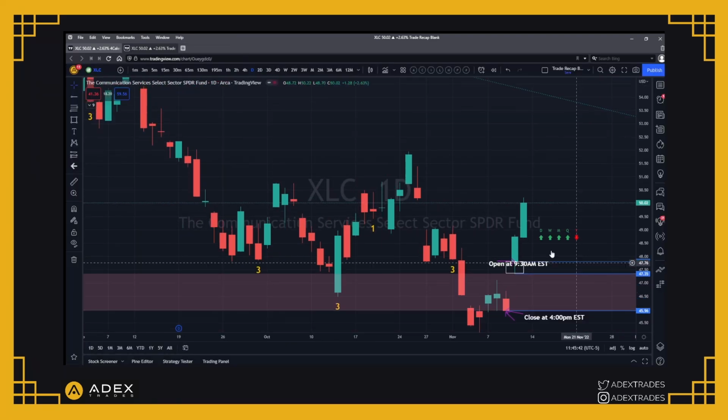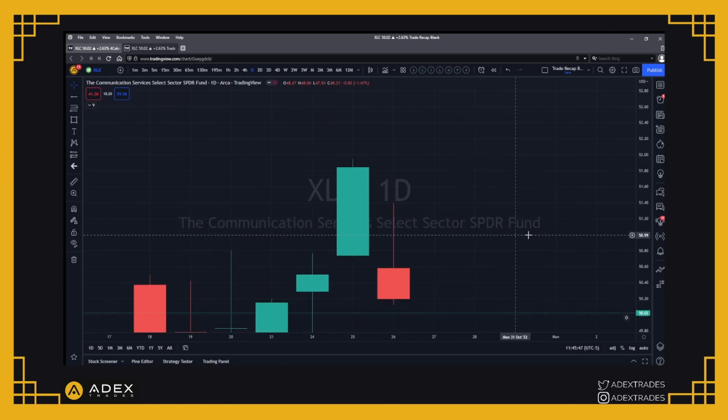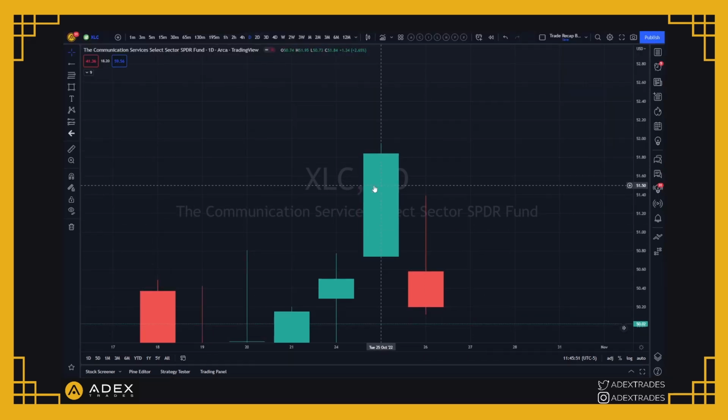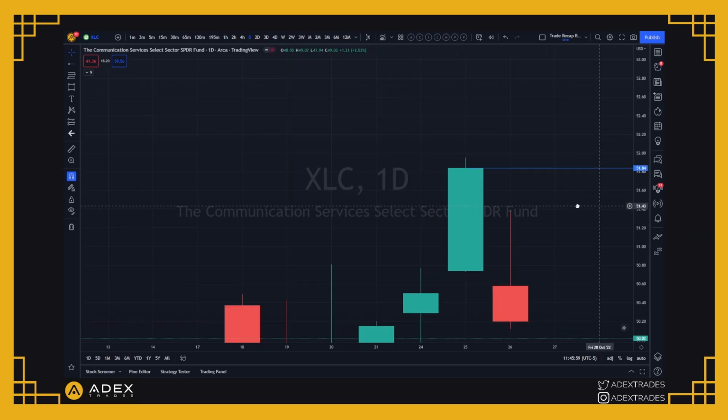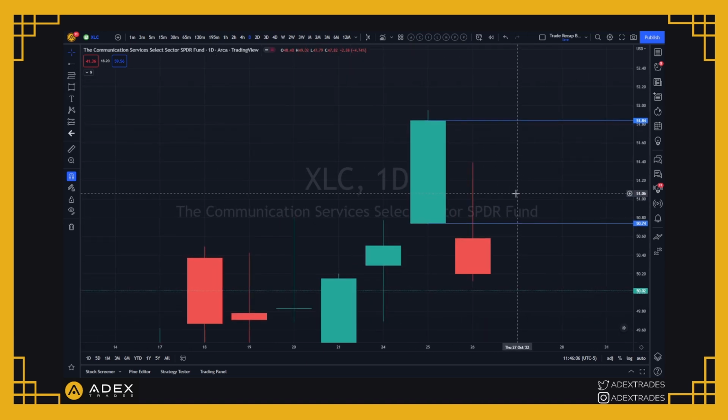Another example right here. Each candlestick tells a story. So for this candle, you have your close. This is referring to Tuesday, October 25th. You have your close at $51.81. You had your open at $50.74.